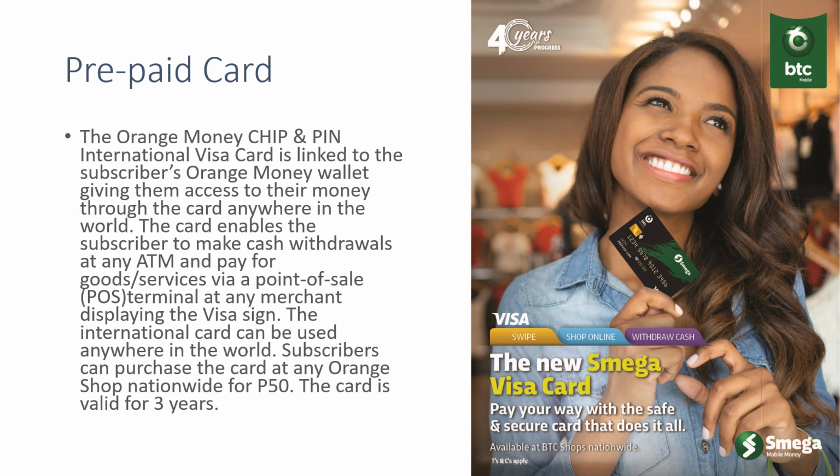It has some balance on it, and it is an add-on card on top of a mobile wallet, and it can be used for purchase, and it can also be used to withdraw cash from the ATM, and also can be used to swipe on a point of sale machine or shop online.